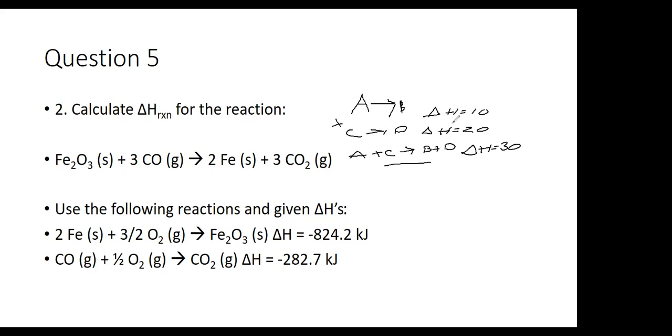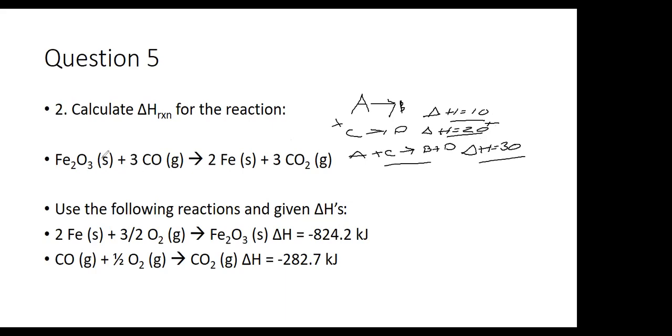So A to B, delta H is 10. C to D, delta H is 20. Therefore, A plus C going to B plus D is 10 plus 20, which is 30, right?